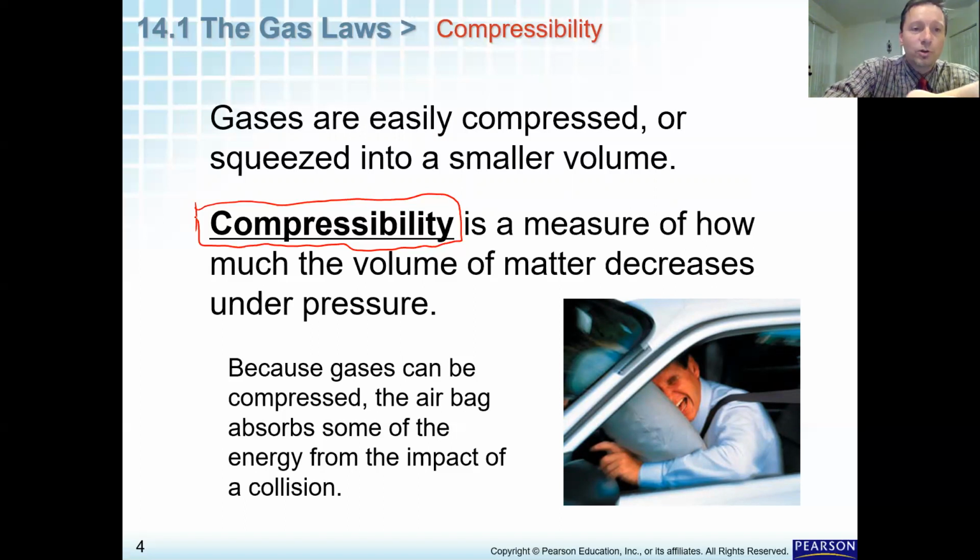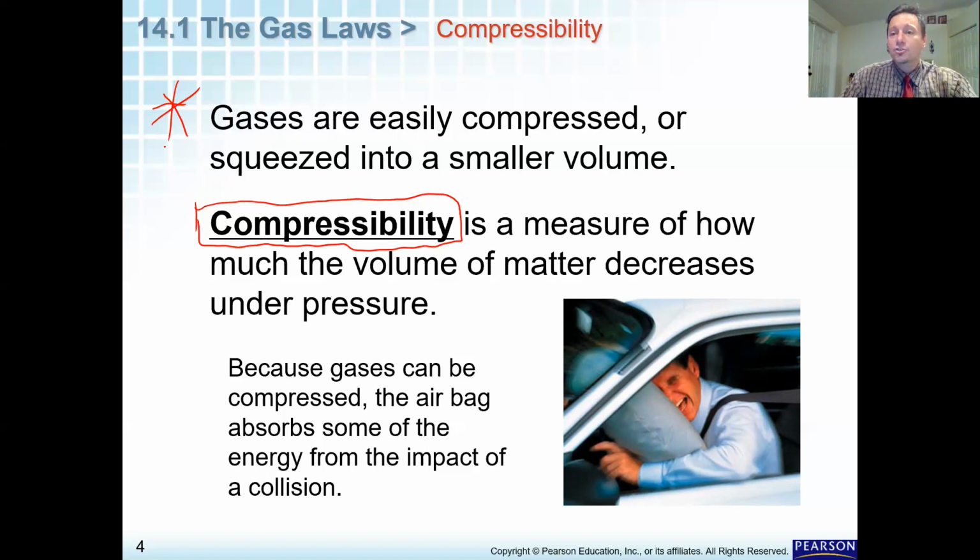Gases are easily compressed and squeezed into a smaller volume. And that's very beneficial. We talk about airbags, which you see in the picture right here. They absorb a lot of energy, and that's why they're so useful in cars and accidents, because the energy is absorbed, so it compresses the gas further and saves a lot of personal injury.